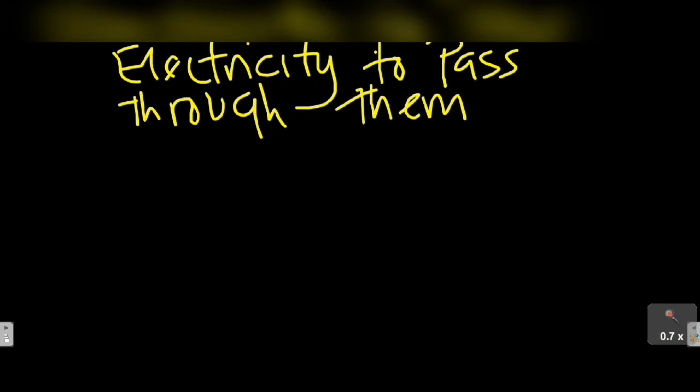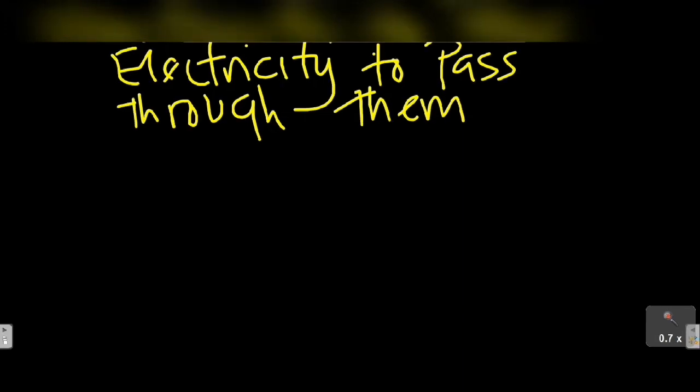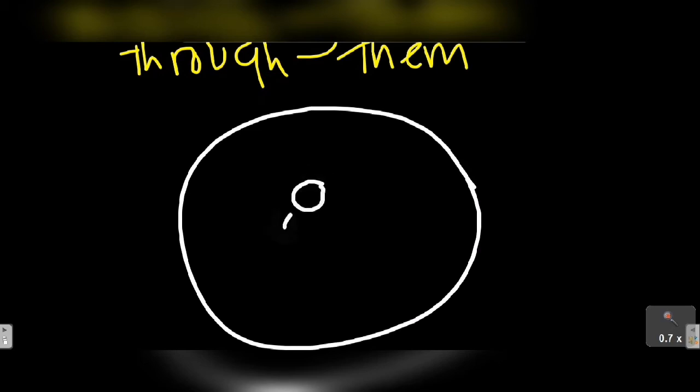So if we consider a metal at its atomic level, we will have something that looks like this, and I'm sure many of you know this. Inside this we're going to have these little things.